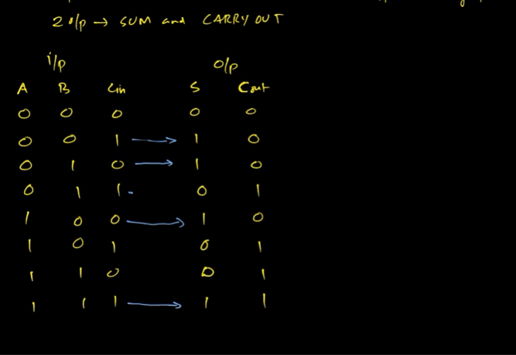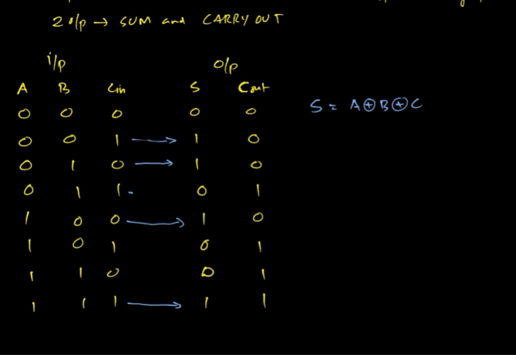So you can see that when an odd number of inputs are high, then sum will be high, which is actually the result of the exclusive OR operation of A with B with C.